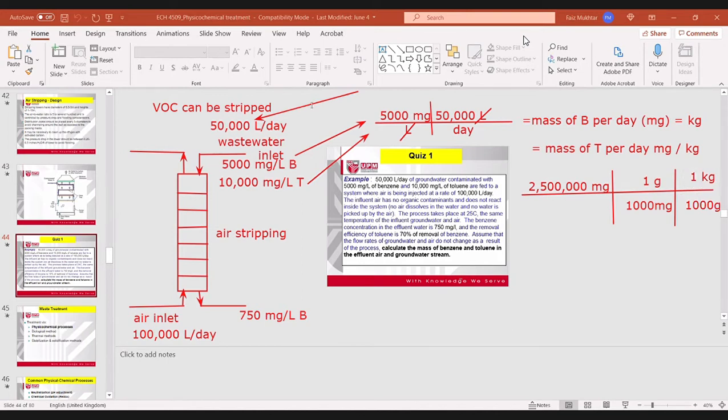To those who perhaps don't know how to convert milligram to kilogram, have a look at that screen on the right hand side. This is pretty much what you do. Actually divide by 10 to the power of 6, but I put it in this way so that you get the idea. You cancel out those gram and milligram, and what we left is just kilogram. It will be a smaller number, easy to handle.